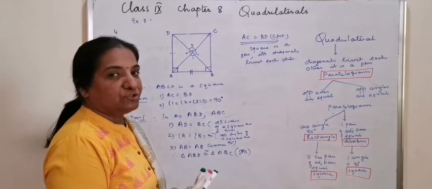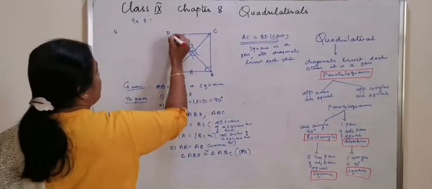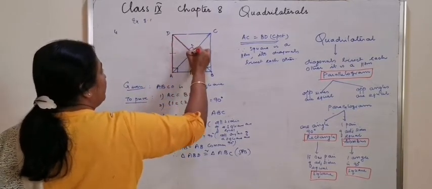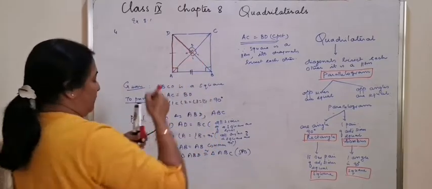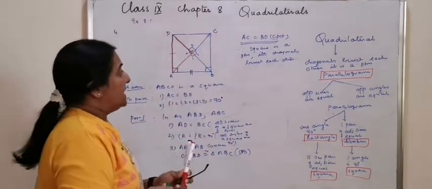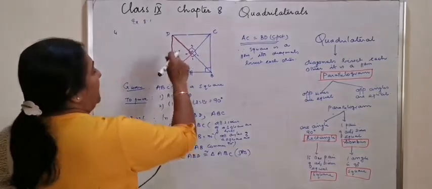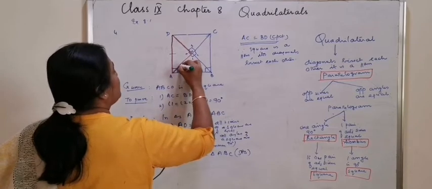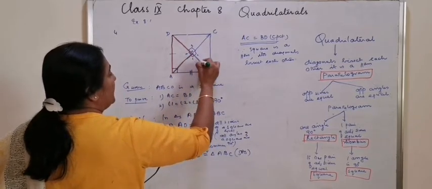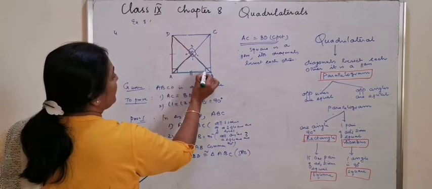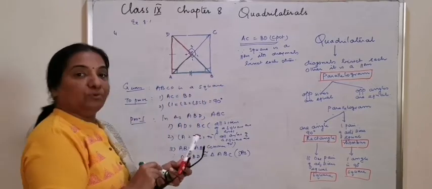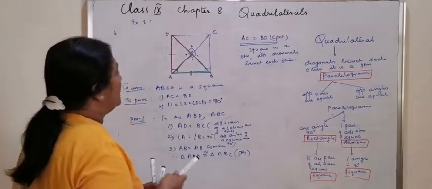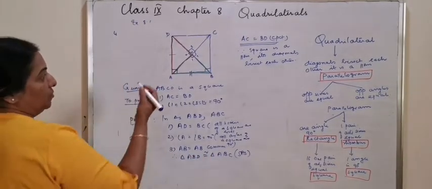For that, we have to take a pair of triangles, AOD, any one pair of adjacent triangles as shown, either AOD with DOC or AOD with AOB. You have to take one pair of adjacent triangles like this and prove the triangles are congruent. How do you prove triangle AOD congruent to triangle AOB?